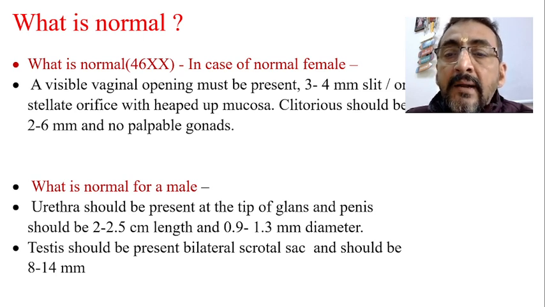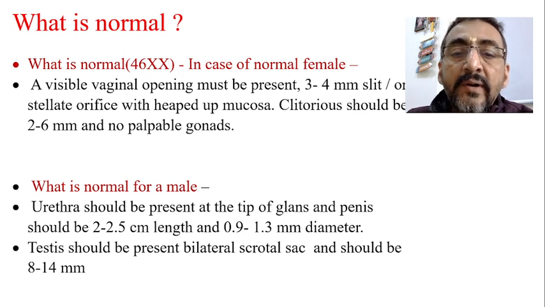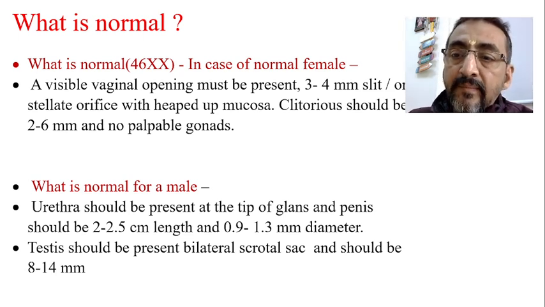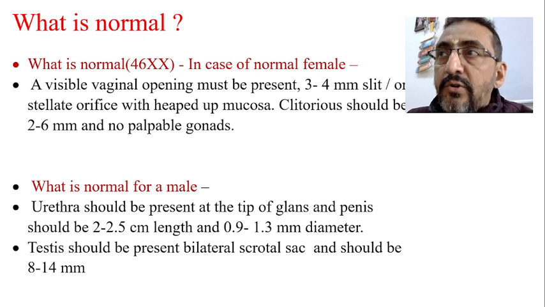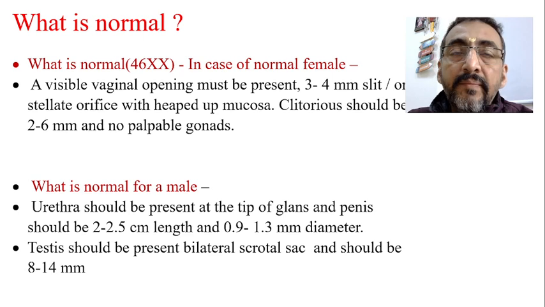The diameter should be 0.9 to 1.3 centimeters. This is expected for the penis in a male. And most importantly, the testis should be present bilaterally in the scrotal sac, with a diameter of about 8 to 14 mm. So this is what we call normalcy.